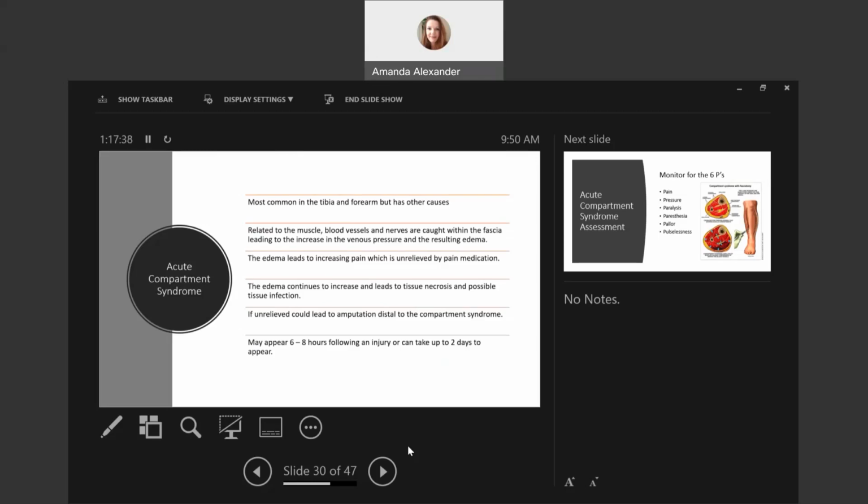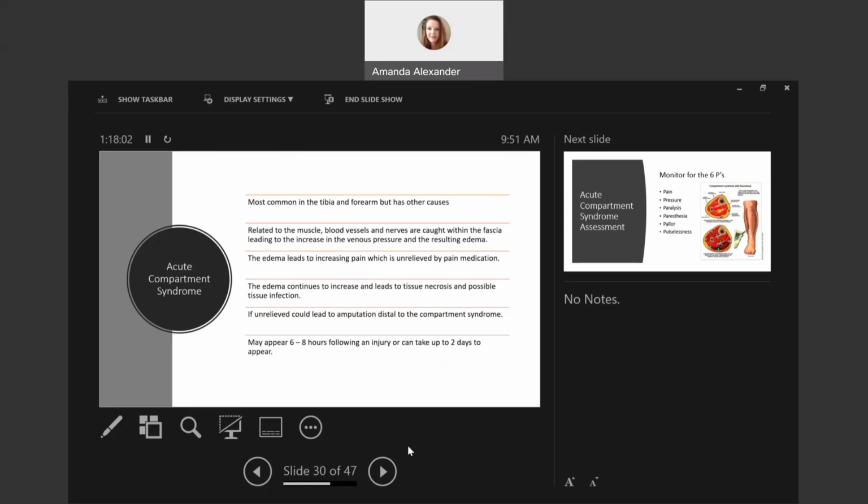It does immediately lead to increasing pain that is not relieved by medication. It can cause tissue necrosis. If there is no blood flow, the patient may lose their digits. If unrelieved, it can lead to amputation. So that is the worst case scenario. We have to identify it.